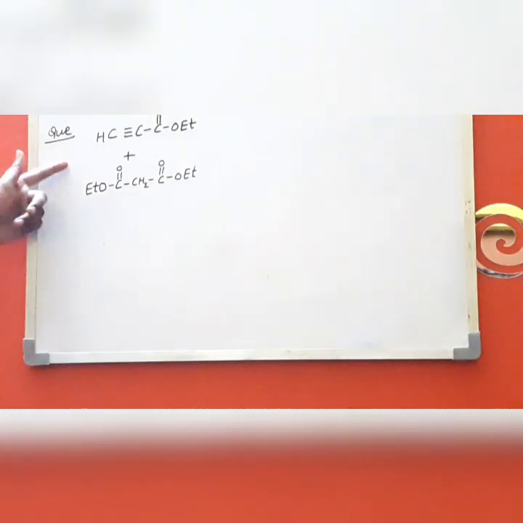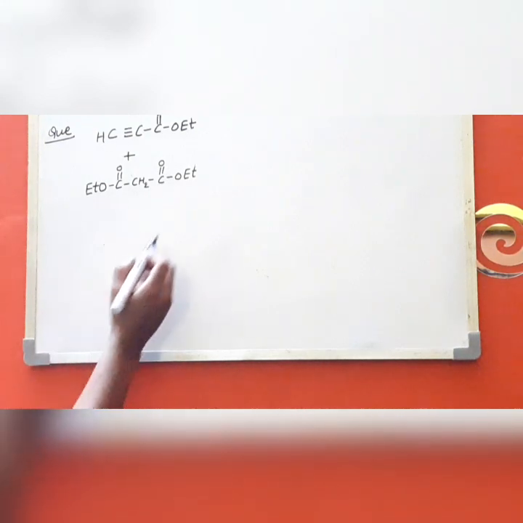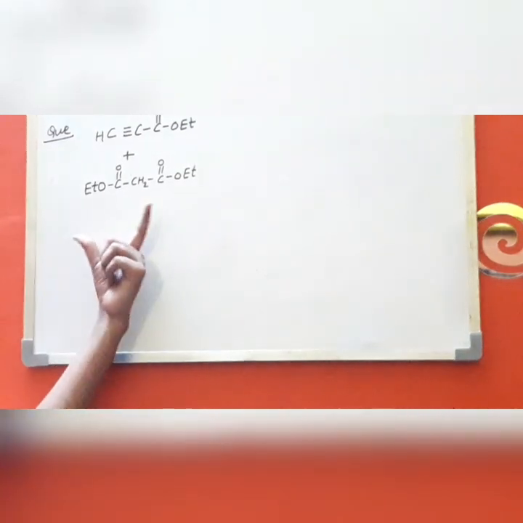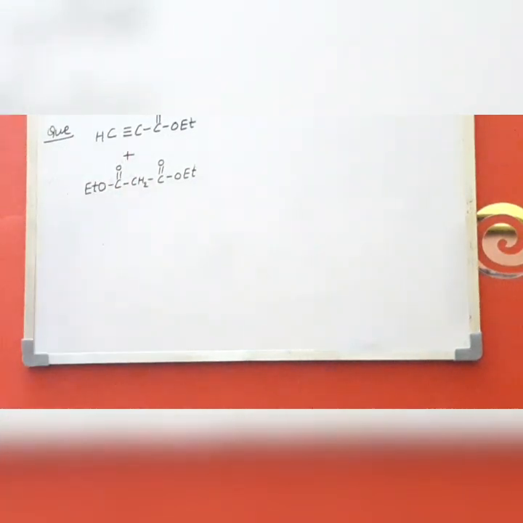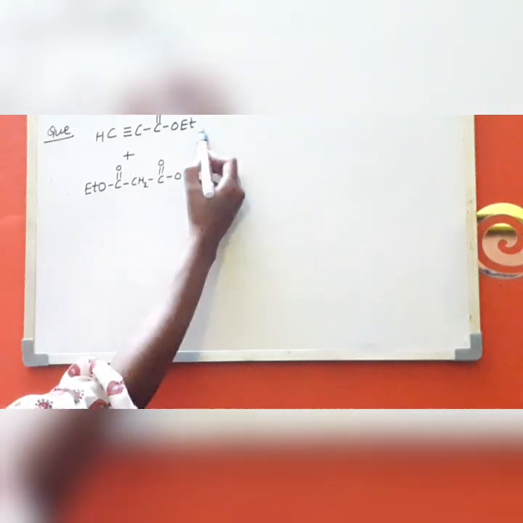So this is one question. In this question we have to know which is the Michael donor and which is the Michael acceptor. So we have to check which of the two compounds has the active methylene group.